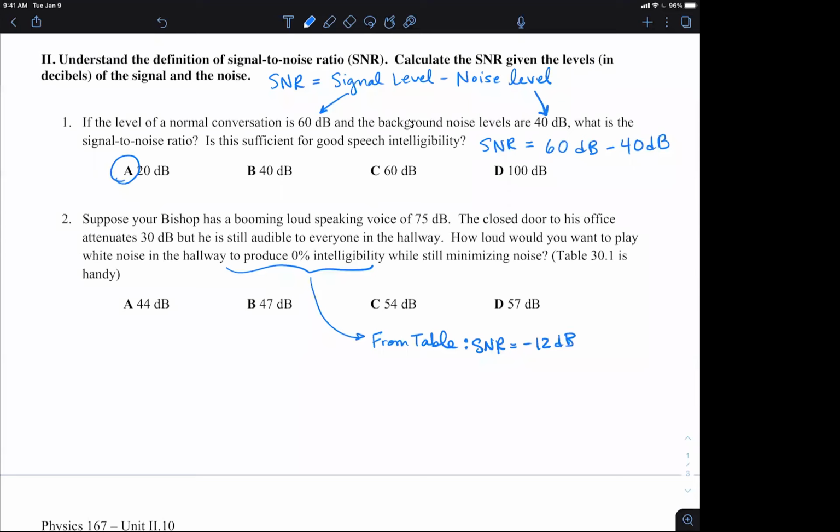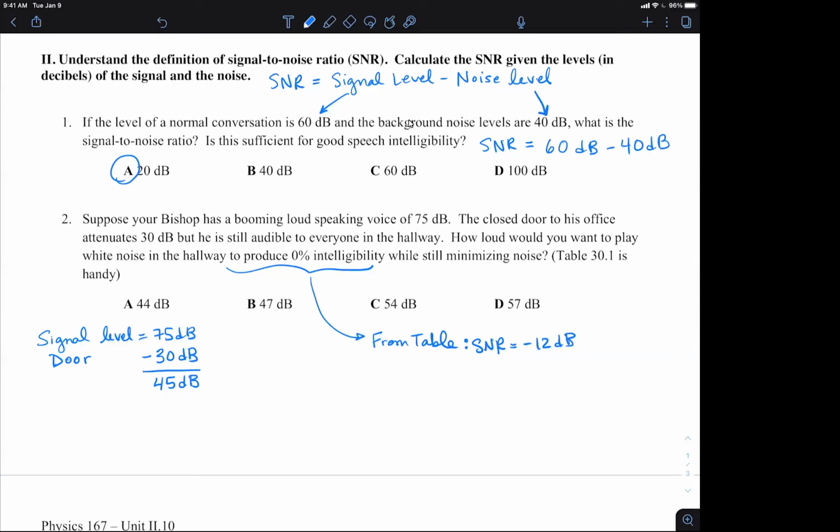Okay, so here the original signal is 75 decibels. Then there is a door that is going to attenuate, okay, a special sound rated door that's going to attenuate that by 30 decibels. So that means that the sound leaking into the hallway or the foyer is 45 decibels.